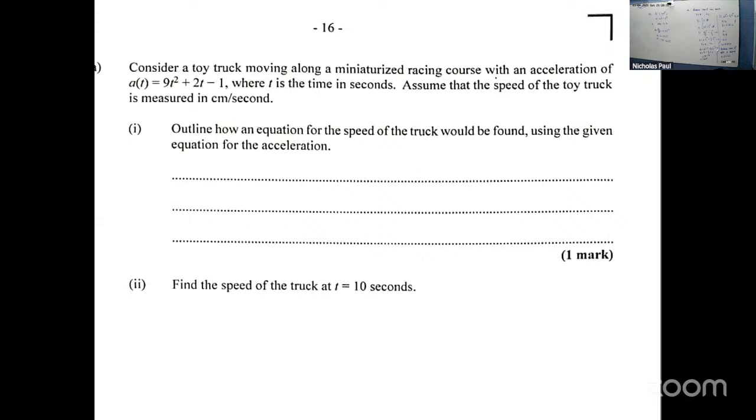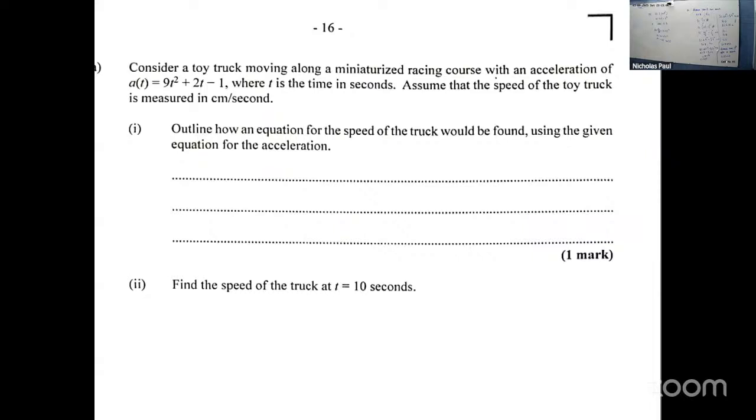That's all you have to put in. Write it down though, please. Write down the equation.